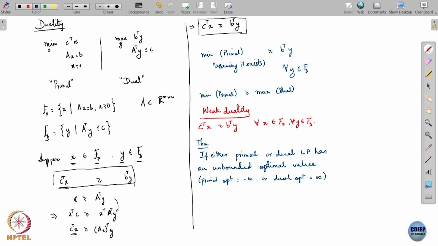So, if either the primal is unbounded or the dual is unbounded, then the other must be infeasible.